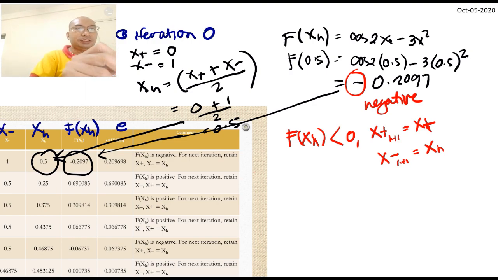So that is the condition, since the value that we have derived here is negative.